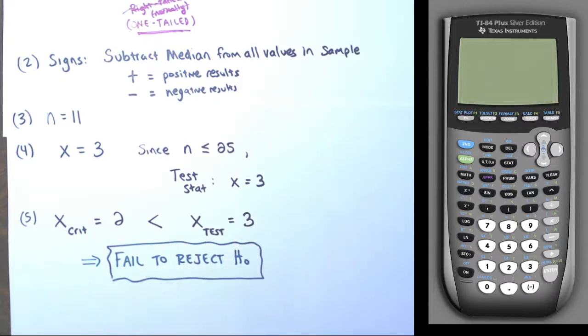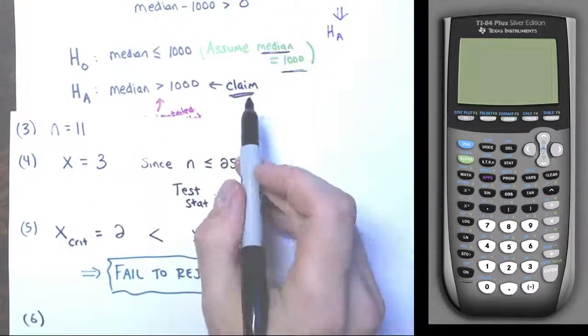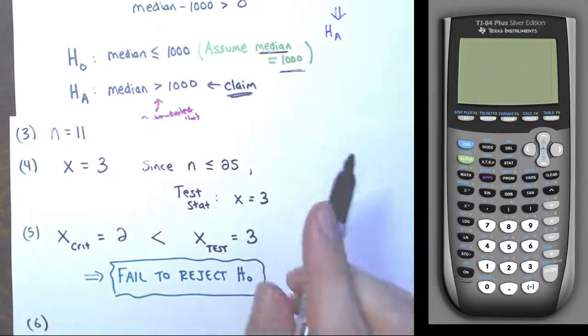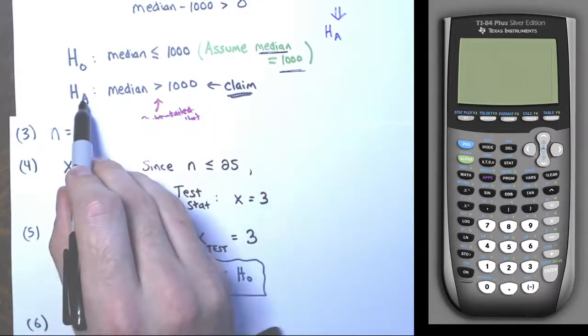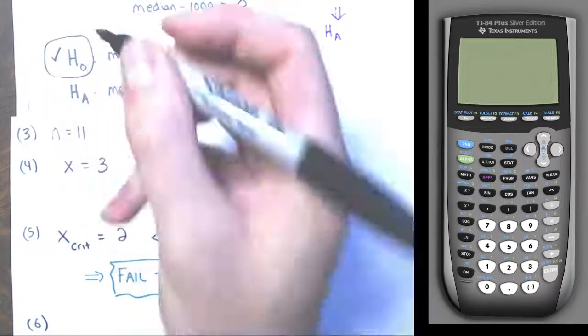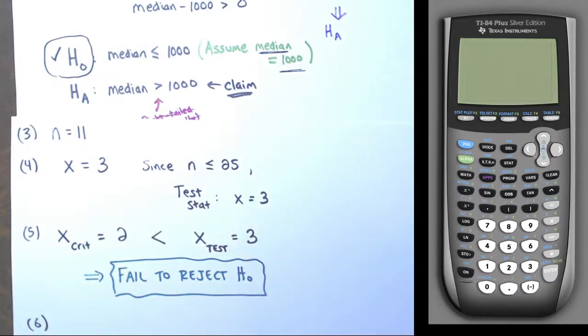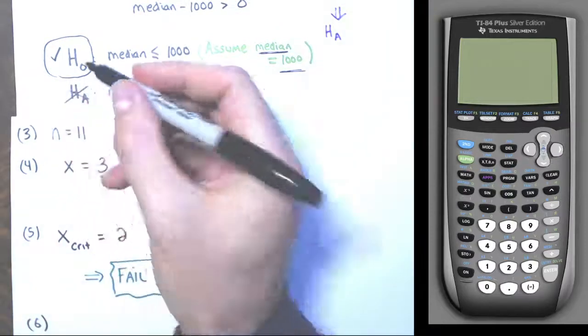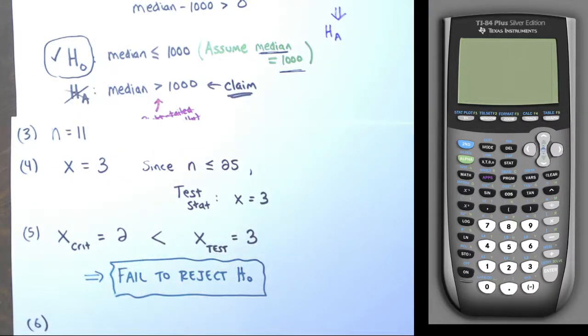All right, then the conclusion. So remember, going back up here, this is another one of those where the claim was in the alternate, but I didn't reject the null. I failed to reject it. I'm accepting the null. I am not accepting the claim. So the way that was worded was, there is not sufficient evidence to support the claim, to support the alternate hypothesis.